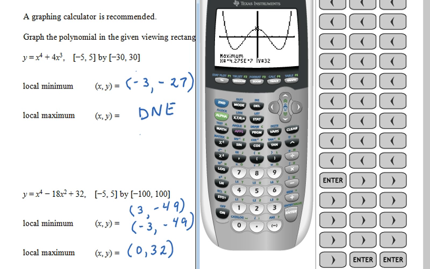And so it's an extremely tiny number, and rounded to the nearest hundredth, it would be 0. And it's because of the placement of the pixels here that we're getting that very, very tiny difference. So the actual value is 0, and the local maximum is 32.